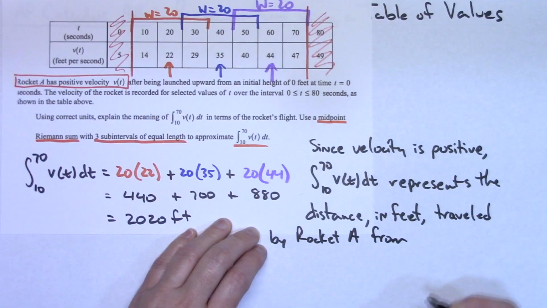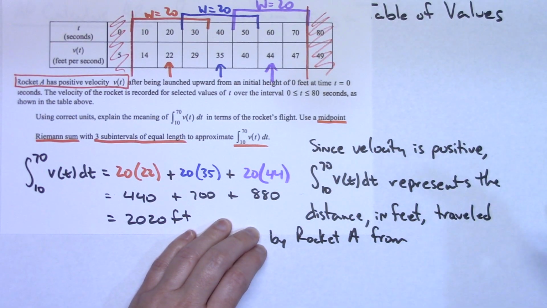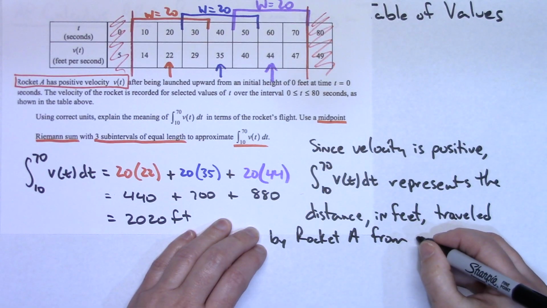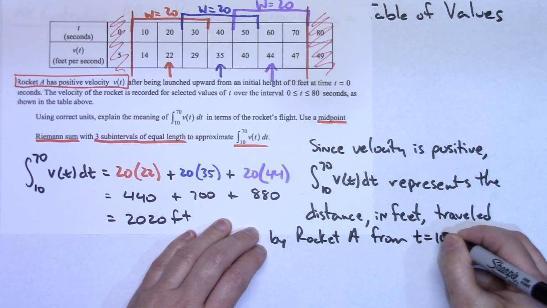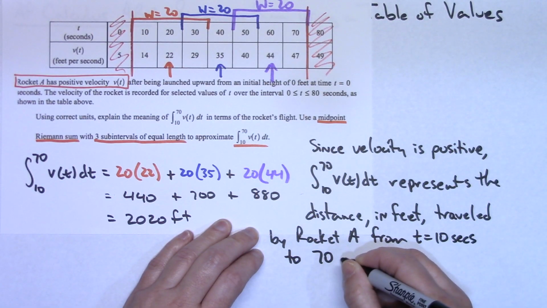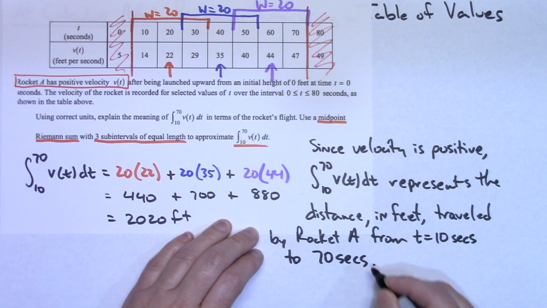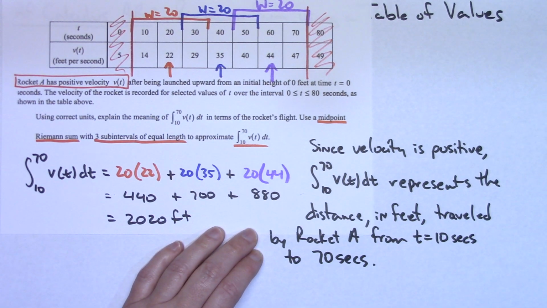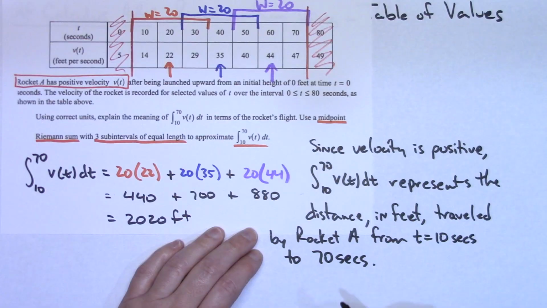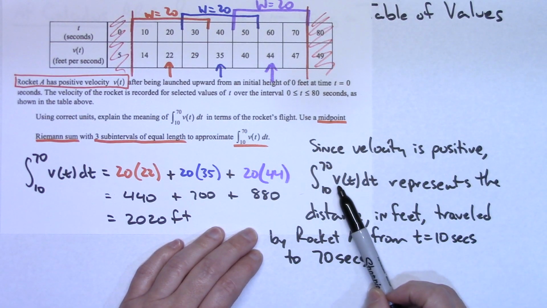from, now you're going to want to definitely indicate that this integral is going from 10 to 70. Well, what is that 10 and 70? It's time. So t equals 10 seconds to 70 seconds. Indicating t equals there. So a really good explanation of the meaning of that. You're definitely going to want to indicate the integral in your answer.